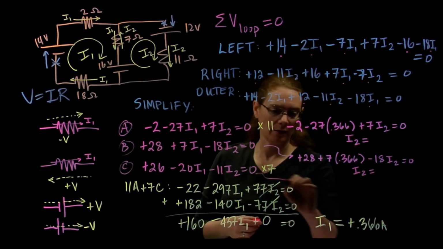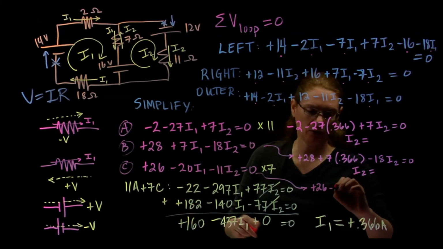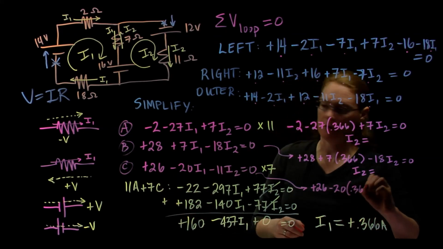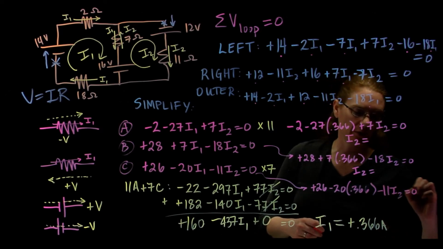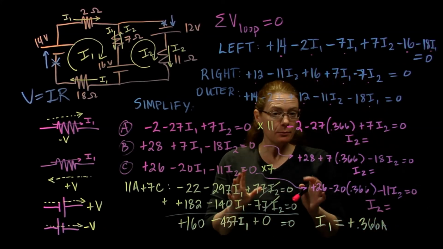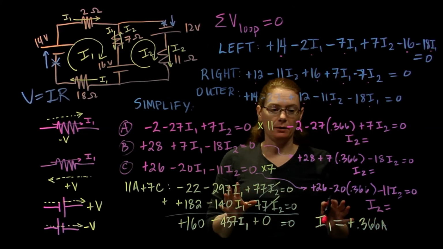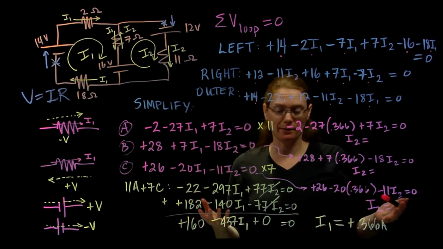And then my third, plus 26 minus 20 times 0.366 minus 11I2 equals 0. So now I can solve each of these for I2, and if I get the same thing, I probably have it right. If I have something different for each of them, I made a mistake somewhere, usually in a sign.